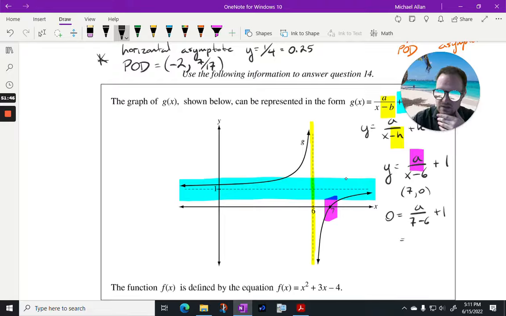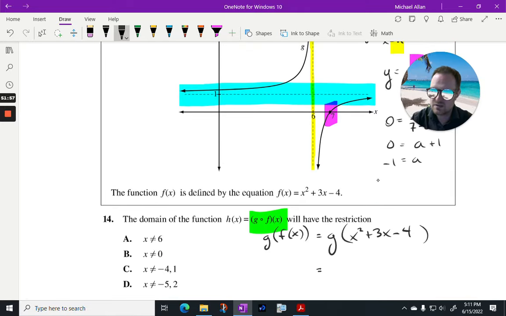So let's rearrange this. 7 minus 6, that's A, because it's just divided by 1, plus 1 equals 0. So A is negative 1. Okay. So now we know what g is. So g of x is negative 1 over x minus 6, plus 1.